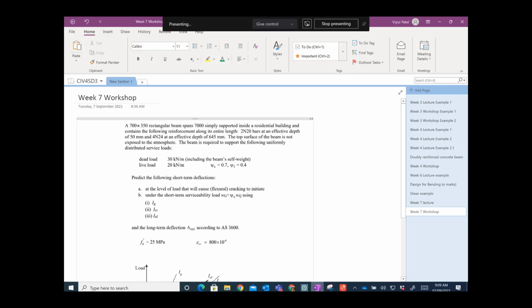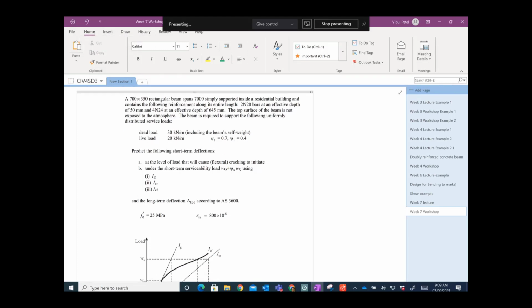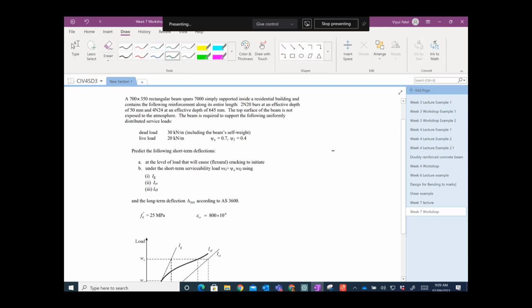We have these 700 by 315 rectangular beams. So what happens here? We have a rectangular beam.